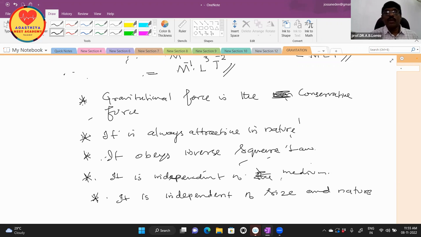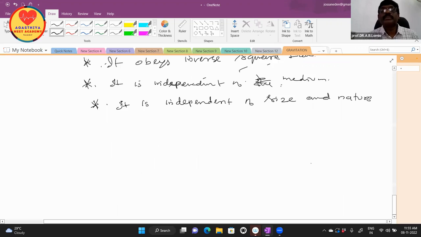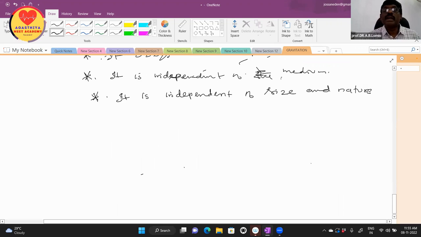Okay. Now, consider a mass in the universe. This is a reference mass. Let it be, say, O. Here is another mass, 1. So many masses are there in the universe.